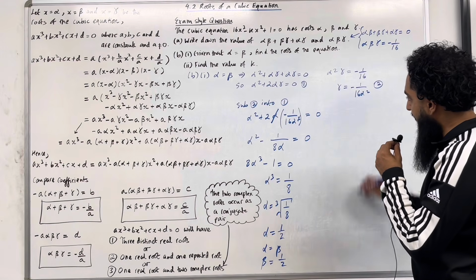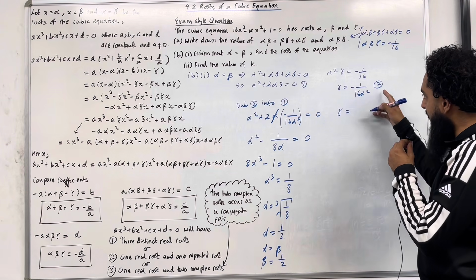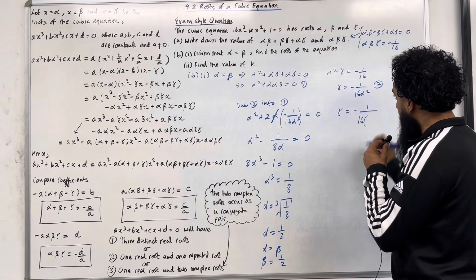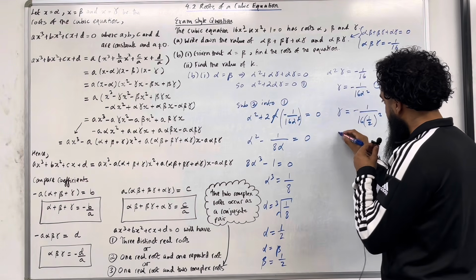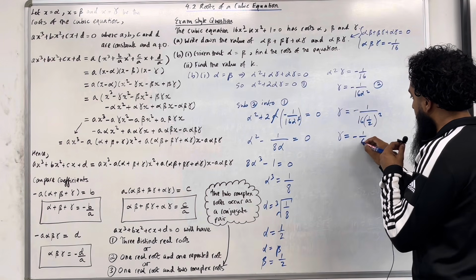Now to work out the gamma, I'm going to substitute alpha equal to 1 over 2 back into equation 2. So I've got minus 1 over 16 multiplied by 1 over 2 in brackets squared. So this gives me minus a quarter.